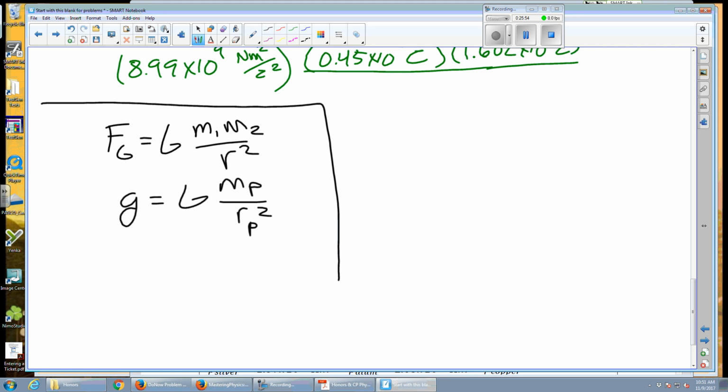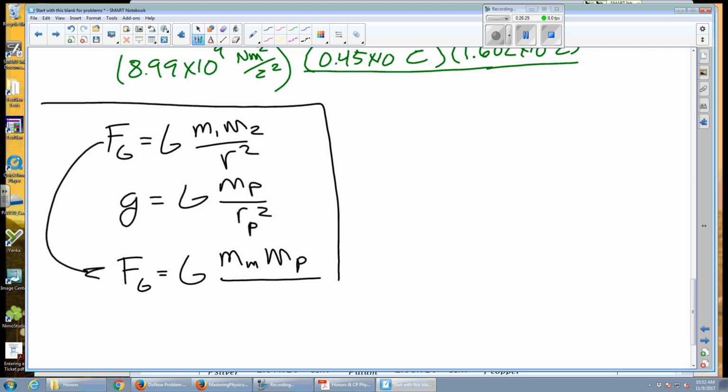So if I'm on the surface of a planet, how far am I away from its center? Its radius. So I'm going to look at the gravitational force on me on the planet, otherwise known as my weight. So the gravitational force on me is going to be big G, mass of me, times the mass of the planet. Let's keep it generic. Maybe I'm standing on Neptune instead. Over how far I am from the center of the planet, which, you're right, just is the radius of the planet, and I square that.